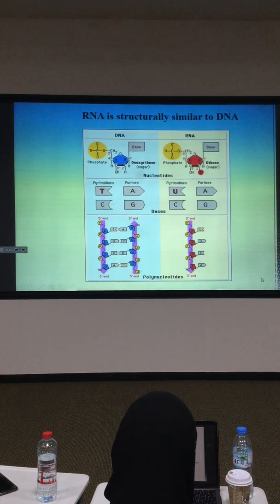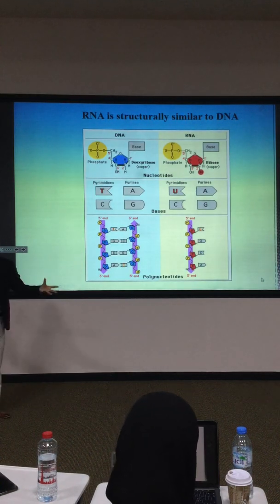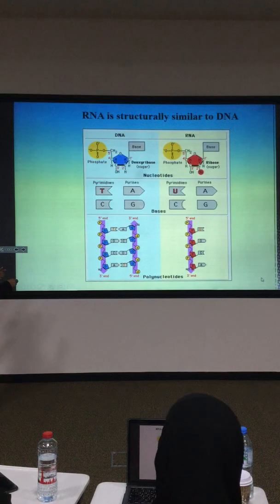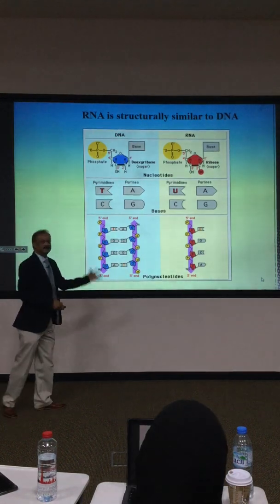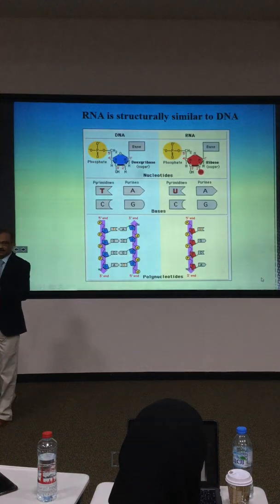And number 3, they are structurally similar because they have T, U, A, C, G, right? Only replacing one of the bases. However, in the case of DNA, those are double helical structures. In the case of RNA, which is single stranded, only one strand.